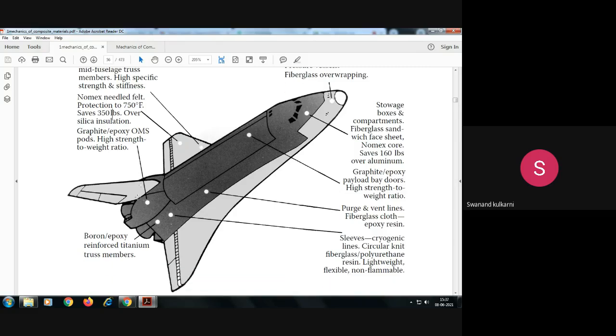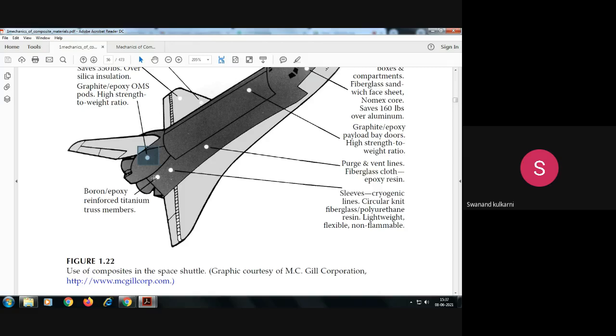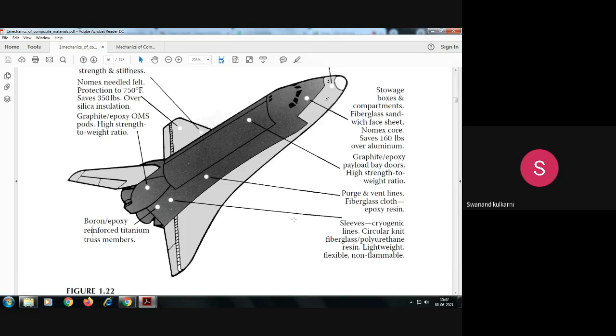Then here you can see that in this region, graphite epoxy pods are used. Then here you can see that a boron epoxy reinforced titanium truss member is shown. Here again this truss member is shown. So that is a boron epoxy reinforced truss member. Then here you can see the sleeves and cryogenic lines that are shown here.